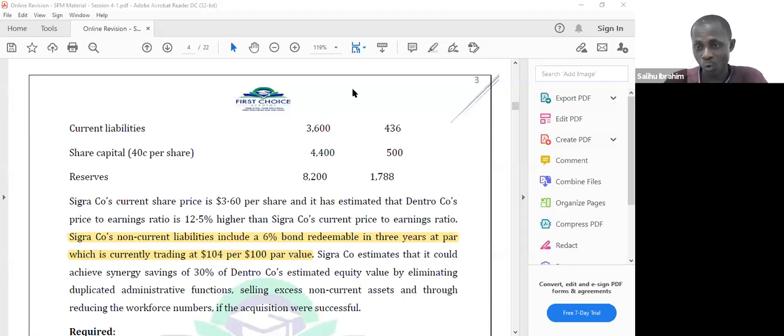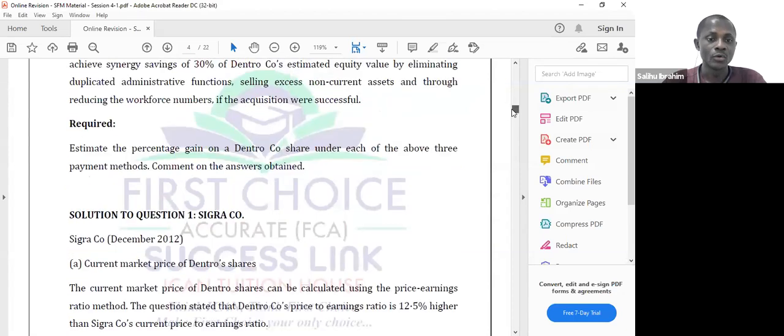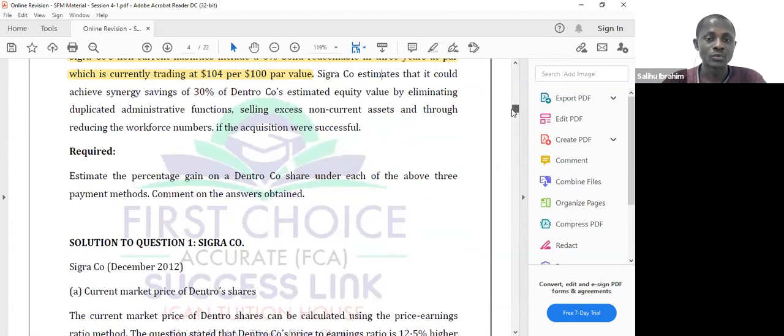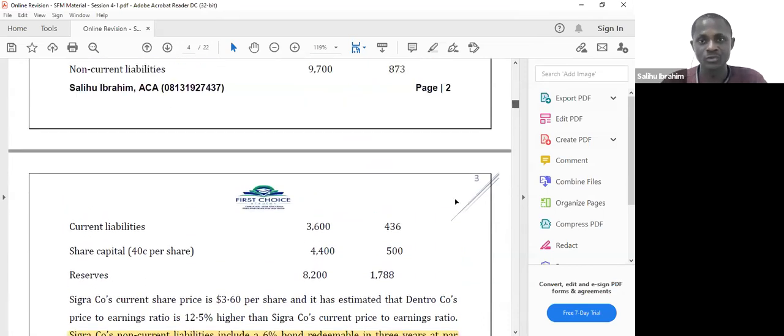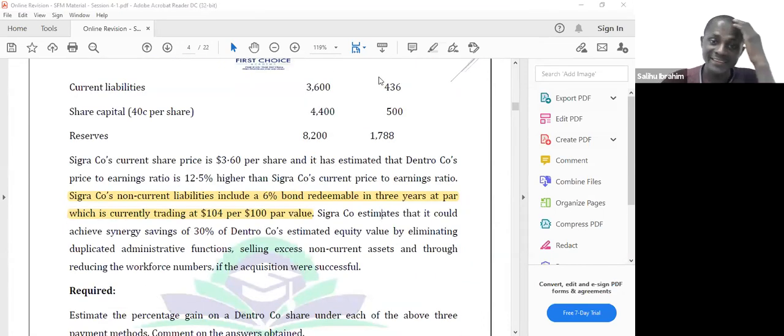Reducing the workforce. Now, we are asked to compute the percentage gain to Dentroco shareholders. Looking at this question and considering that we have discussed extensively business valuation methods, what method do you think I will need to carry out my business valuation here?